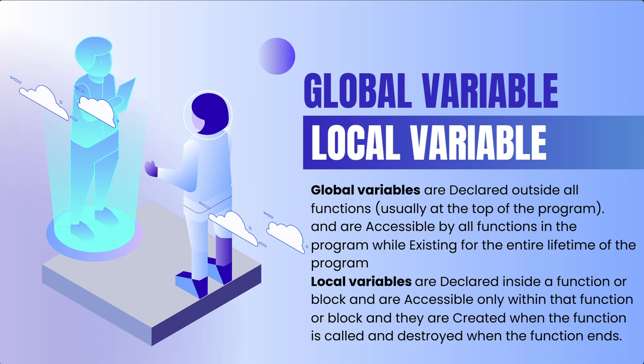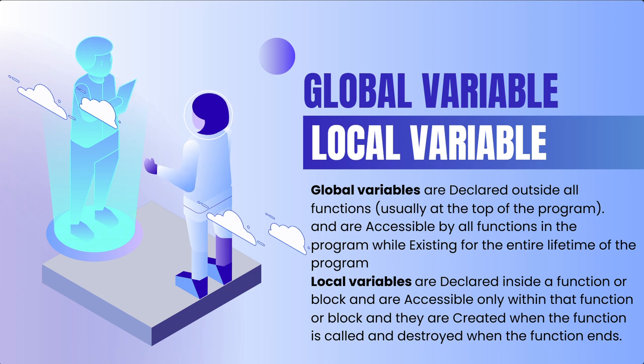When the function is exited, the value of the global variable is considered again. This happens only when the two variables, the local and the global, have the same name. So the local variable has higher precedence local to that block.